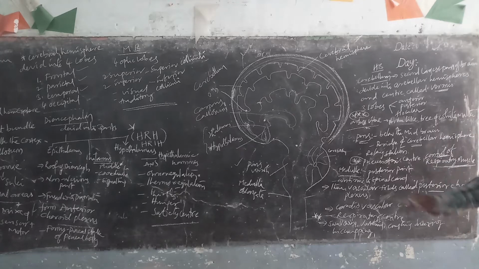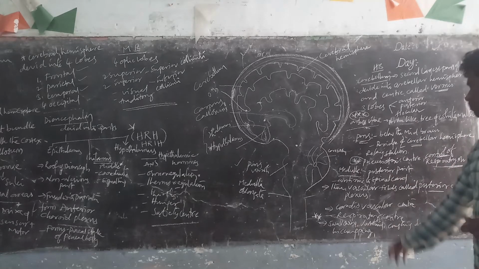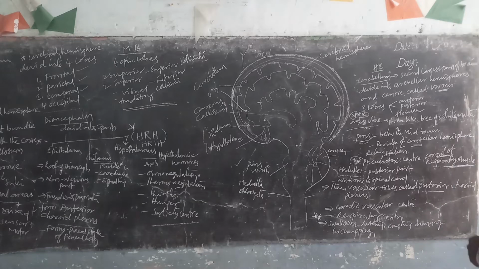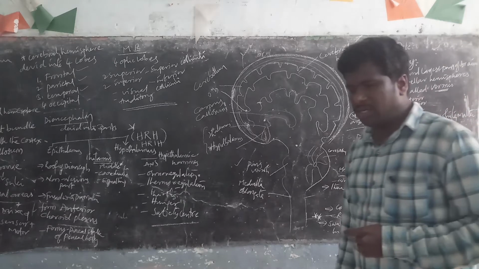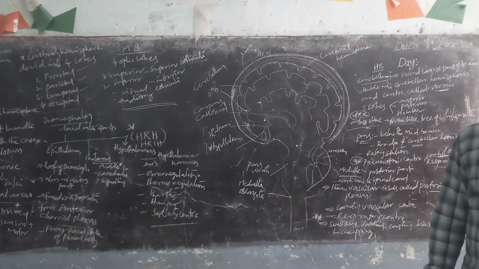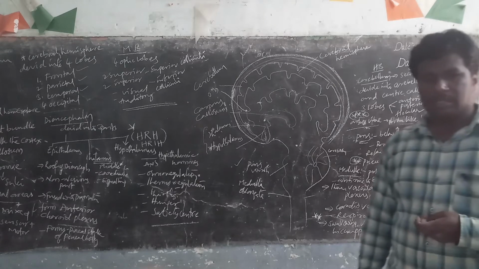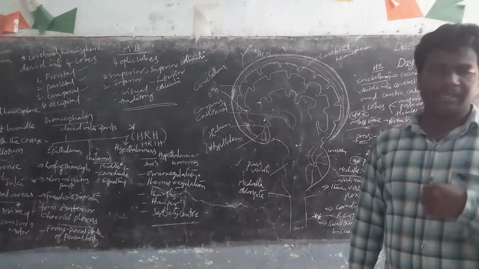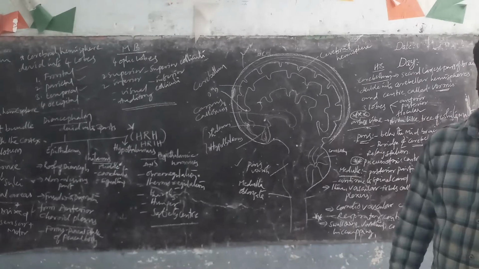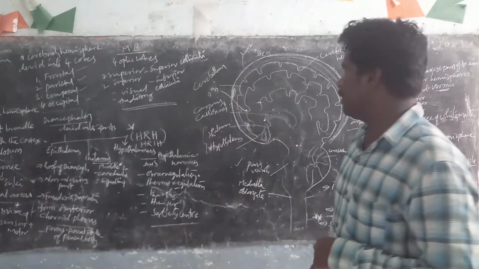Forceful respiration is controlled by the medulla oblongata respiratory center. Then, swallowing, vomiting, coughing, sneezing, and hiccuping are under the control of the medulla oblongata.